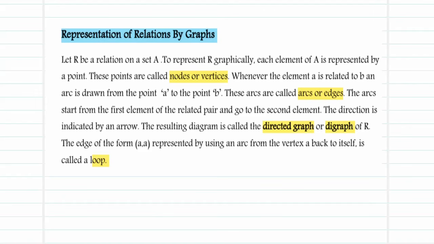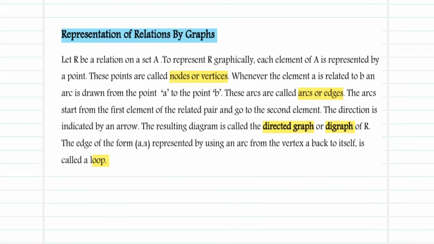The arcs start from the first element of the related pair and go to the second element, that is from A to B. The direction of movement is indicated by an arrow. The resulting diagram is called a directed graph, or in short form, a digraph of the relation R.